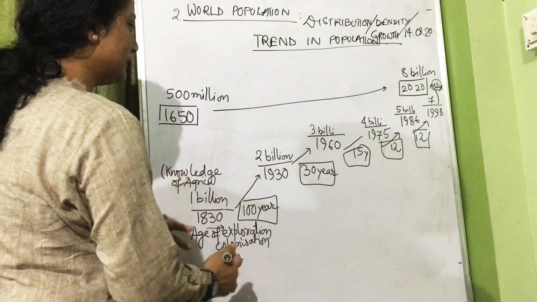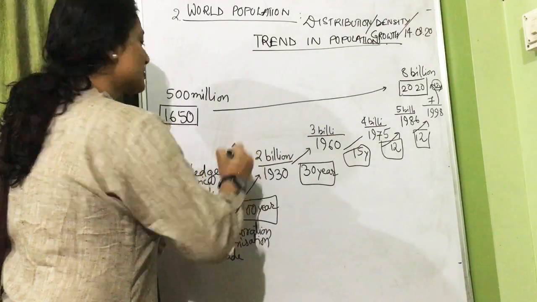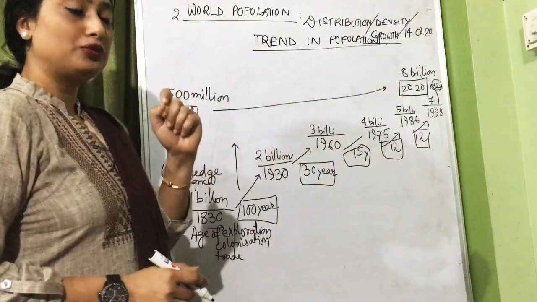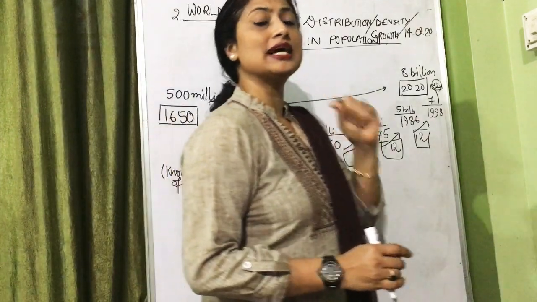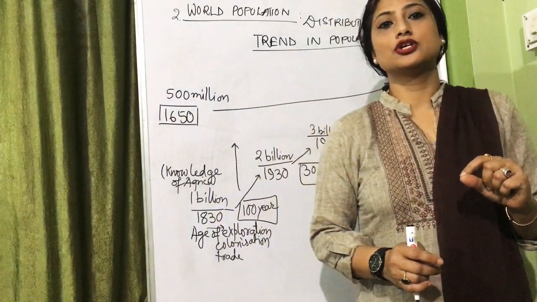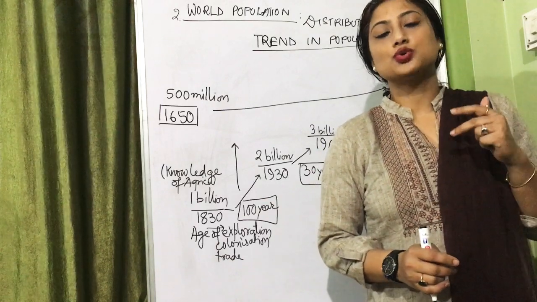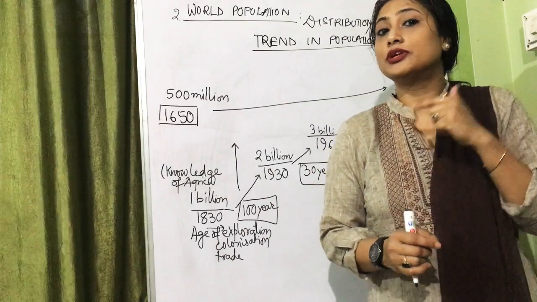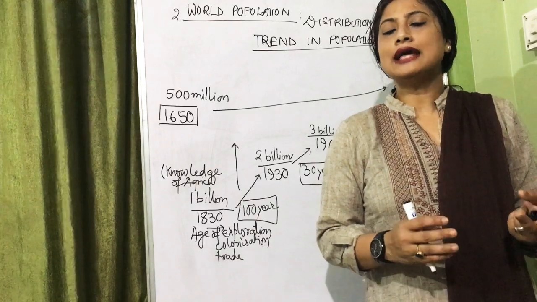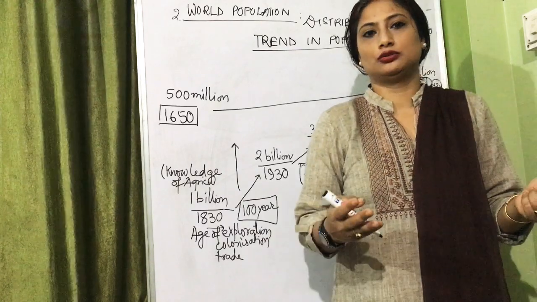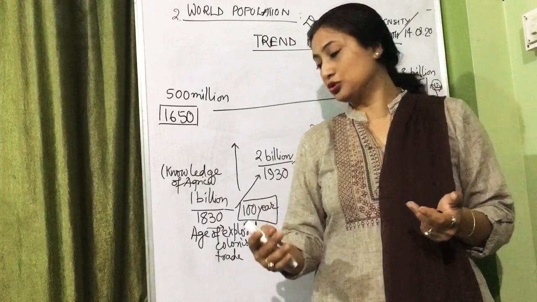Gradually after 1830, we noticed something. Here I would like to mention that advancement in science and technology was one reason for the reduction of death rate, and it also gave a stage for accelerated population growth.